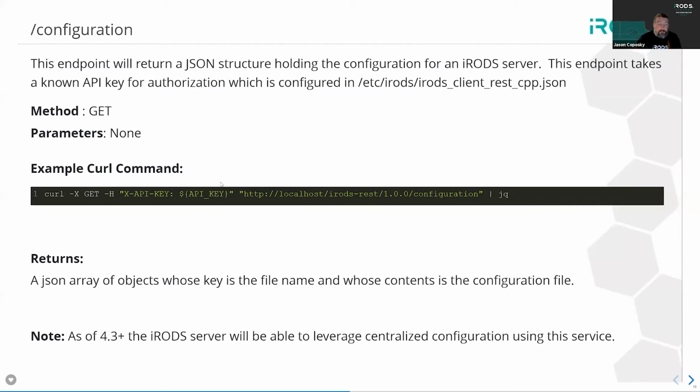and that's why it is configured directly in the JSON configuration for this API. As of 4.3 plus, the iRODS server itself can use this in order to fetch its configuration. So you can stand up your own centralized service in order to provide configuration to all of the servers within your fleet.